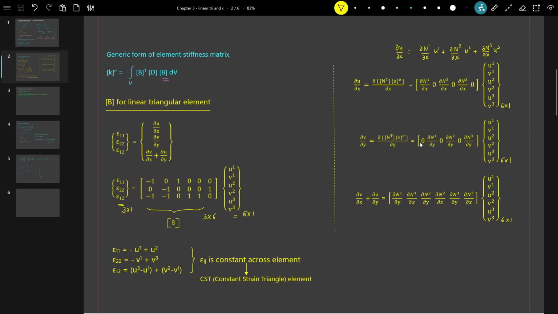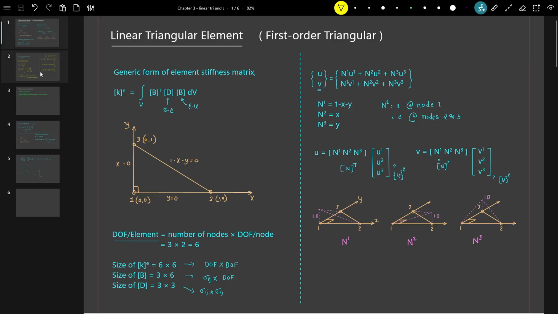So we have to just find dou n1 by dou x. I'll just show it for a few. So dou n1 by dou x, if we differentiate with respect to x, we get -1. Similarly, dou n1 by dou y, we get -1.